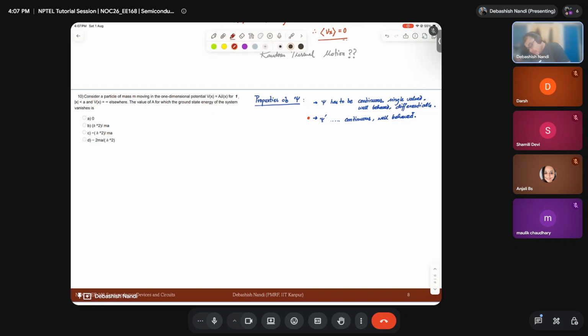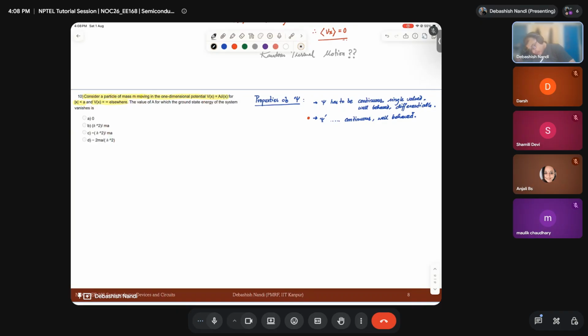It is mentioned that we consider a particle of mass m moving in a one-dimensional potential well like this, and V equal to this. Basically, this is an infinite potential well, right?